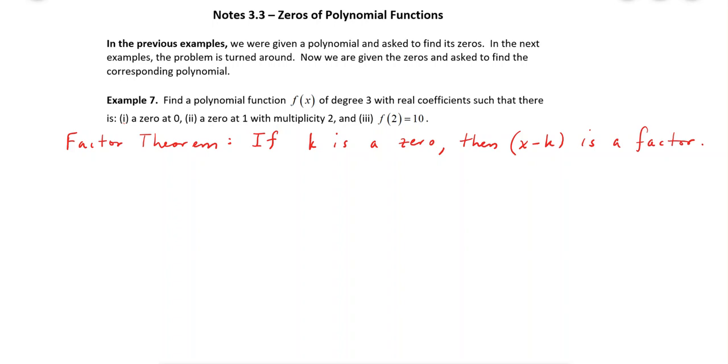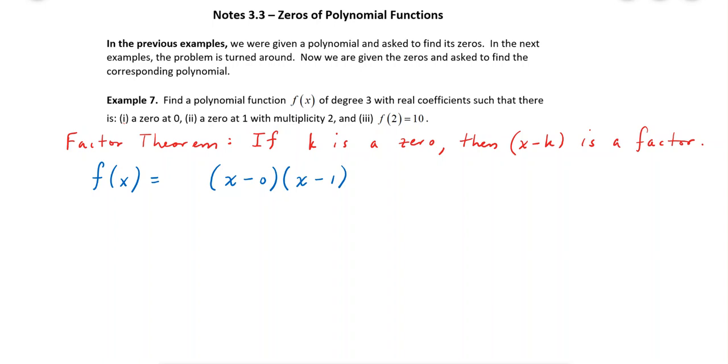In example 3, we want a polynomial, degree 3, real coefficients, with a 0 at 0. So if there's a 0 at 0, then there must be a factor x minus 0 by the factor theorem. And if there's a 0 at 1, there must be a factor x minus 1.